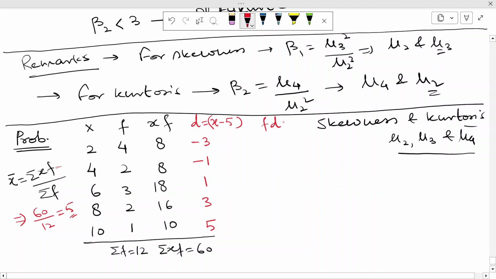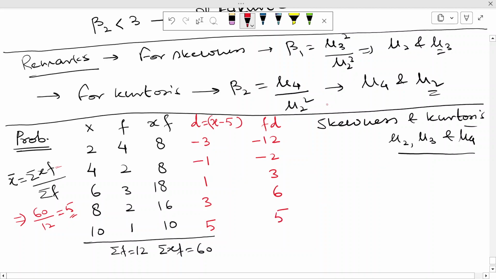Next we take the product of the frequency and the corresponding deviations. So this is -12, -2, 3, 6, and 5.